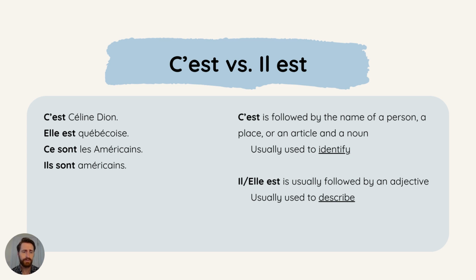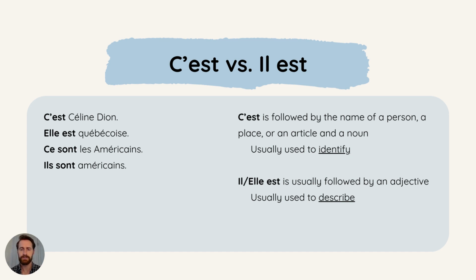So it's usually used to identify. So, for example, we see a person there, maybe we're pointing at them, c'est Céline Dion. So in that case, we're identifying that's her. Il or elle est is usually followed by an adjective, and this is usually used to describe. So as we see, we're describing Céline Dion's nationality when we say c'est Céline Dion, elle est québécoise. So that's generally the distinguishment.